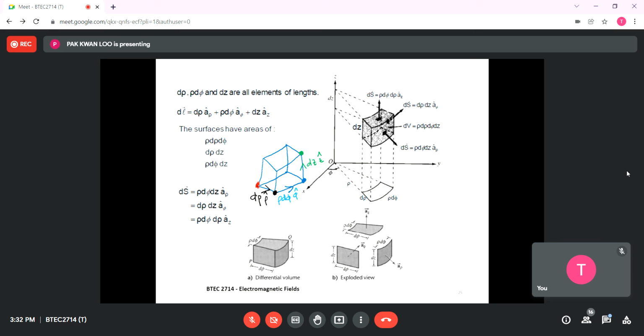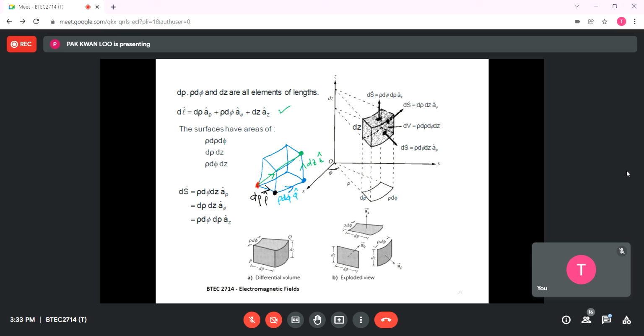So this is the differential displacement, dl, from here to here. So we add all this displacement: the displacement due to the radial direction, the phi direction, and also the z direction.